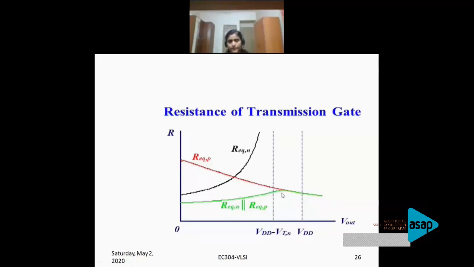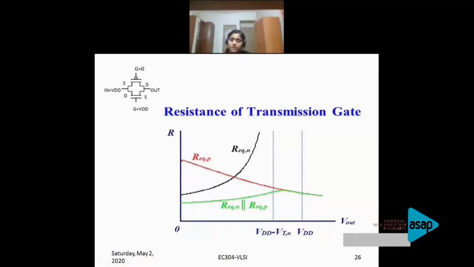So thereby, what we can say very surely is that this transmission gate can act as an ideal switch, since the equivalent resistance of the transmission gate remains almost constant throughout. Okay, it doesn't vary with respect to the input and the output.